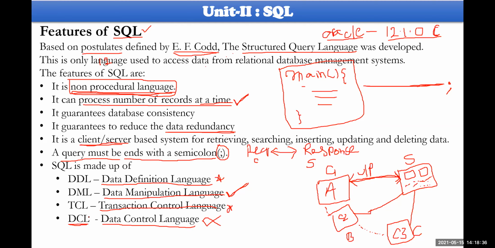So these are the four different types of sublanguages under SQL. Then, as the name itself indicates, it is a language, a specific language. Since it is a specific language, every language has a certain number of data types and other features also. Let us see.